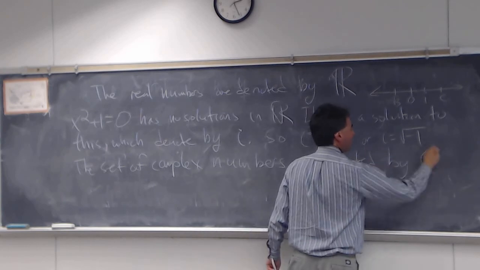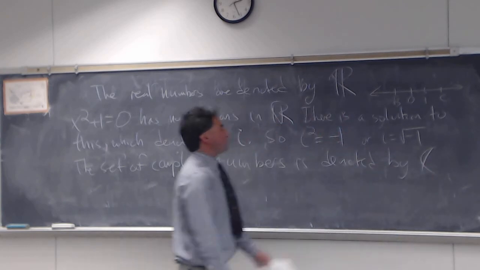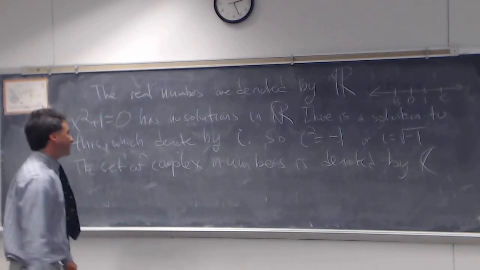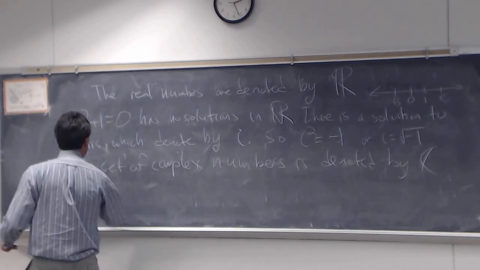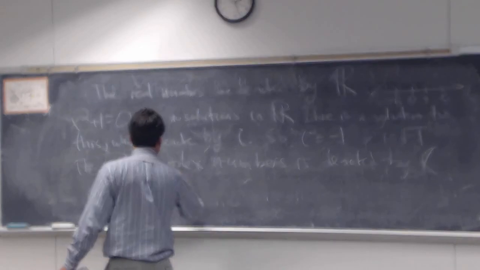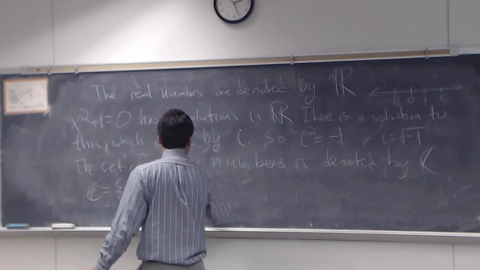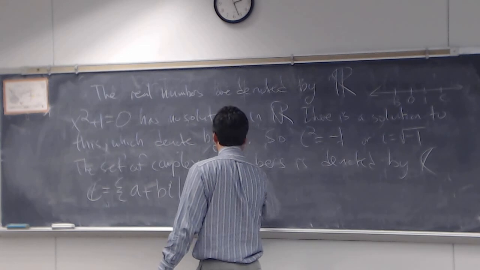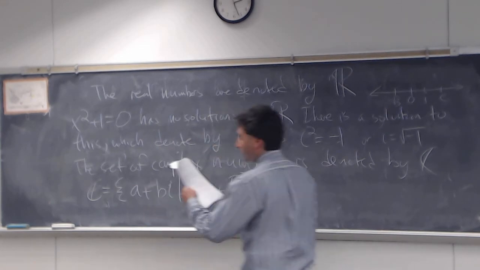Just like we use a bold-faced R for the real numbers, we use that same type of font for C. What it is, is all a plus bi, where a and b are real numbers.